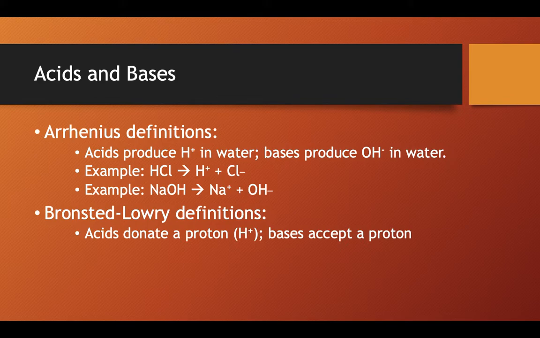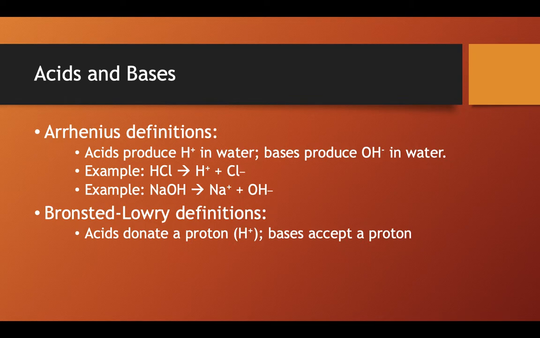Now, a proton is simply a hydrogen ion. The hydrogen atom is just a proton and an electron, and when it forms the ion by losing the electron, it's just a proton. So anytime you see something gain or lose a hydrogen ion during a chemical reaction, it is acting as either a Bronsted-Lowry acid or base, depending on whether it donated or accepted the proton.